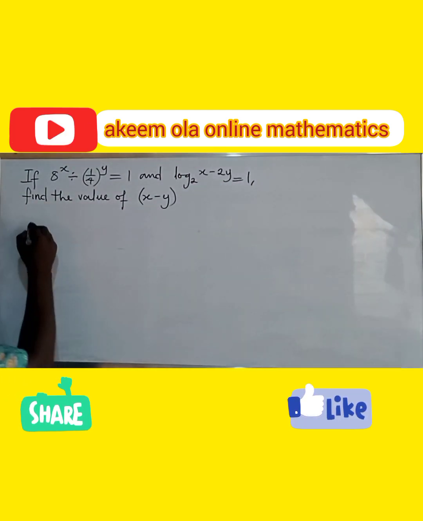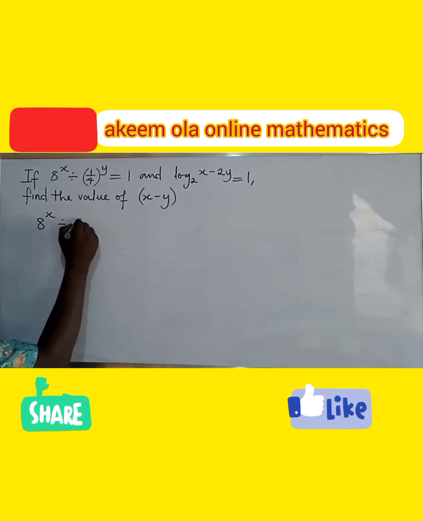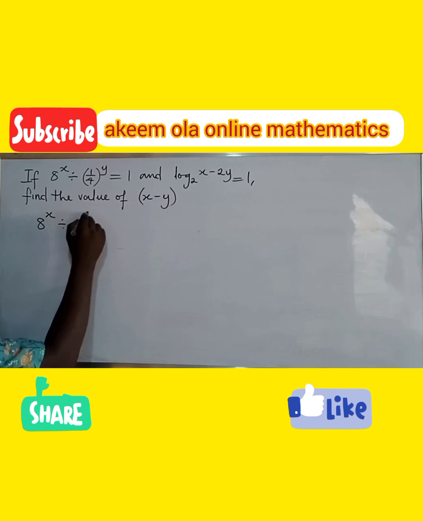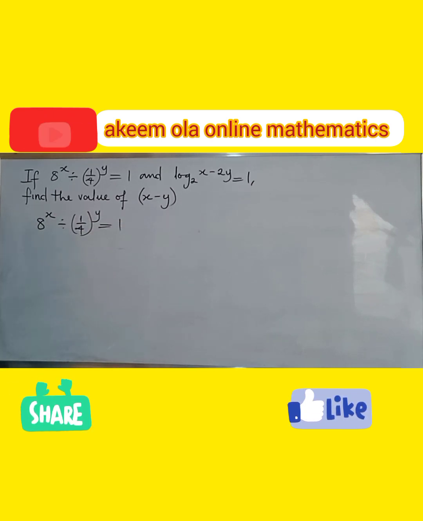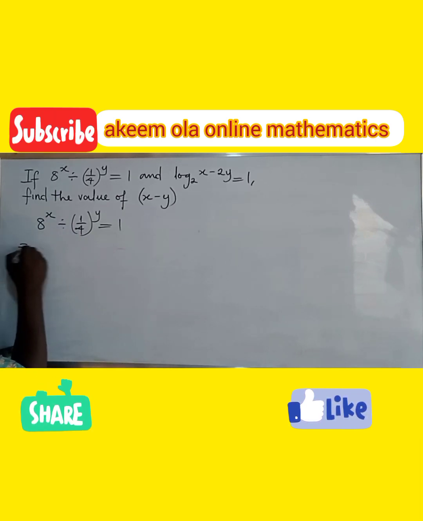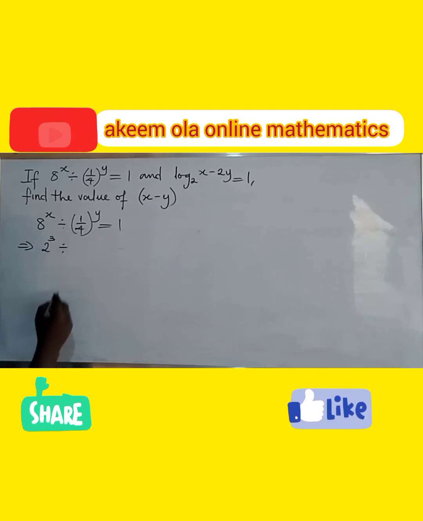So here I have 8^x divided by 1 all over 4^y is equal to 1. Of course, I know that 8 is equal to 2 raised to power 3, as in 2 times 2 times 2. That means that we have here 2 raised to power 3 divided by, this one here is an inverse exponent.